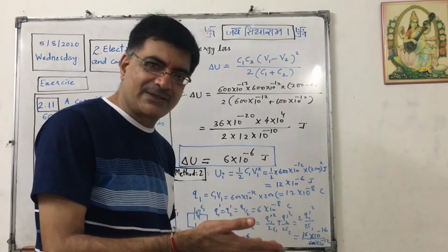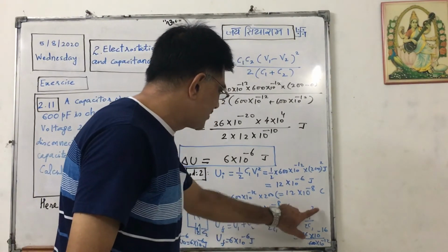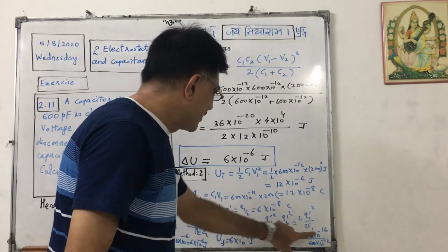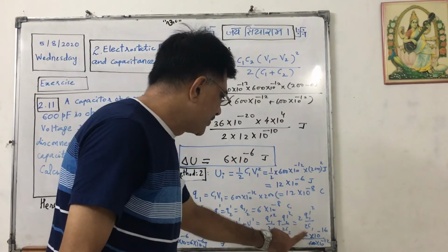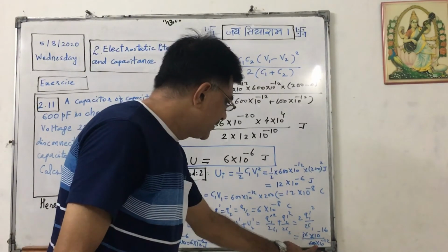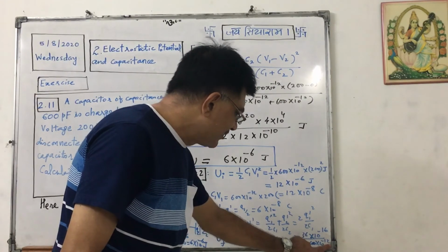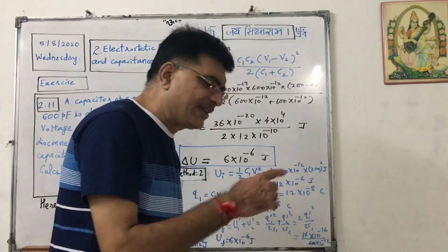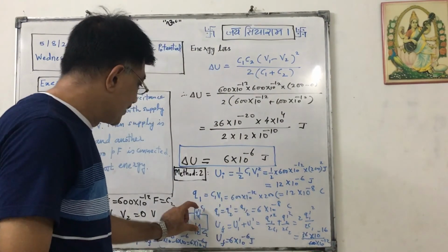So that will be equal to, 2 cancels, Q1 dash square, that is 36 into 10 raised to minus 16, and C1 we know is 600 into 10 raised to minus 12. So 36 by 6 is 6. This power we have to add here, so 10 raised to minus 10. Then it goes up, so minus 16 plus 10, so minus 6 joule. This is the final energy of the 2 capacitors.